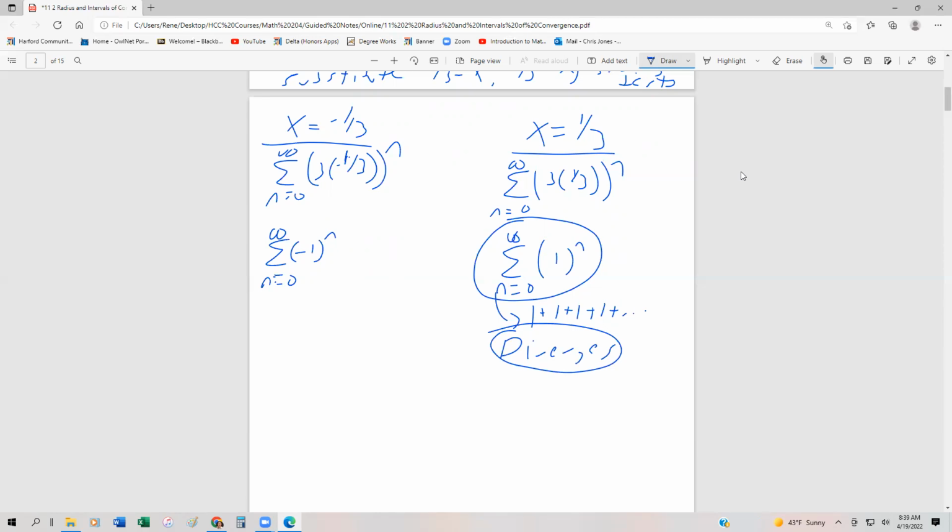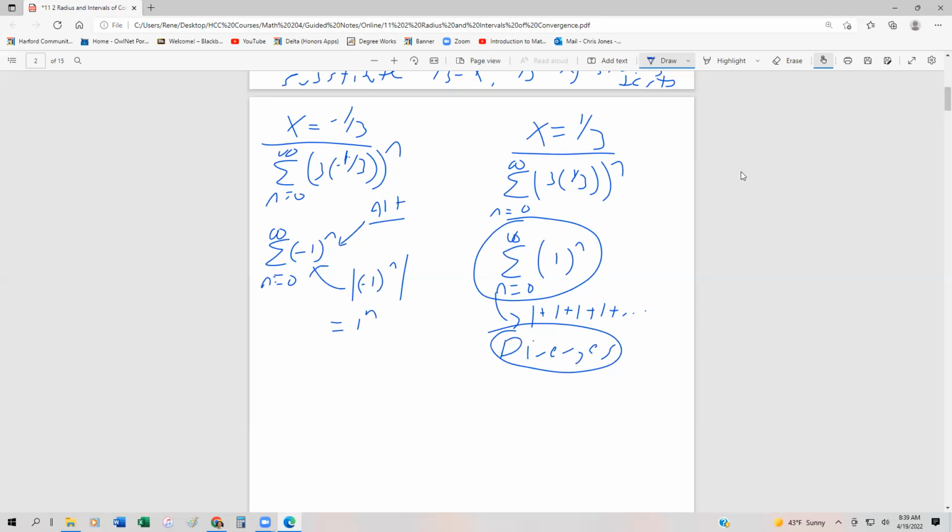However, this one is an alternating series. And if we wanted to show that it diverges, we could use the alternating series test. So for this one, remember we take the absolute value of minus 1 to the n, which is going to be equal to 1 to the n.